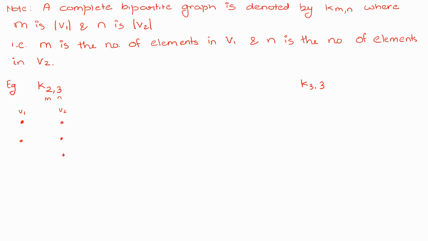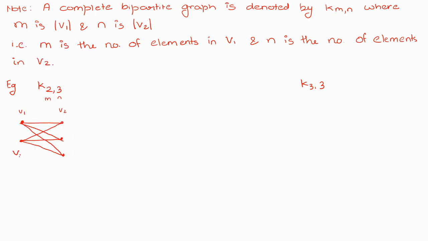Since it is complete bipartite, every vertex of V1 is connected to every vertex of V2. The first vertex is connected to all three. The second vertex is also connected to all three. So this is how a K(2,3) graph is drawn.